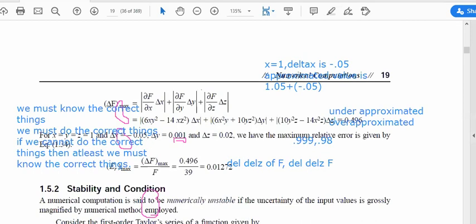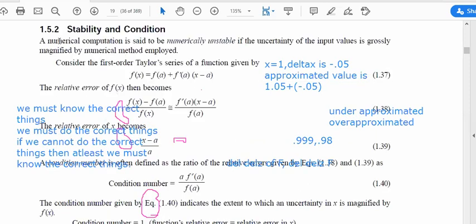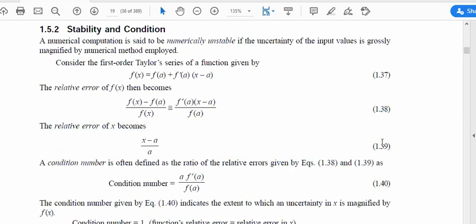Now the next one is also the most important discussion in your course. That is the stability, or you can say the condition for stability. A numerical computation is said to be numerically unstable if the uncertainty of the input values is grossly magnified by the numerical method employed.